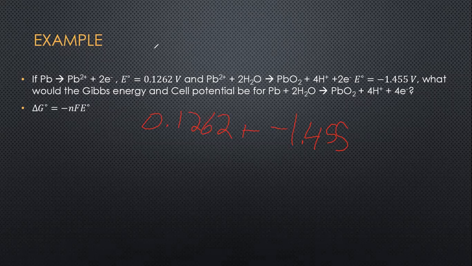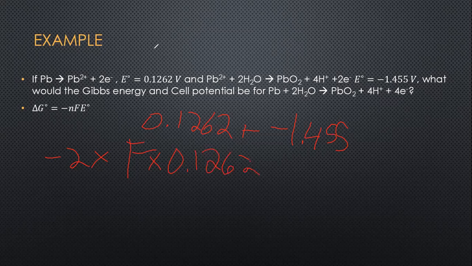So the first one, 2 electrons times Faraday's, I'm going to leave it as F, times 0.1262 equals, turning this into kilojoules, negative 24.352, because Gibbs is a state function. E is not.